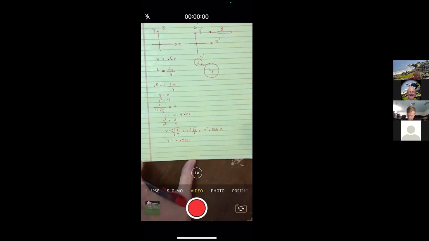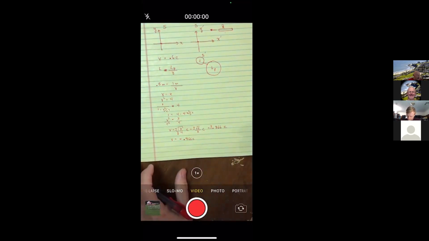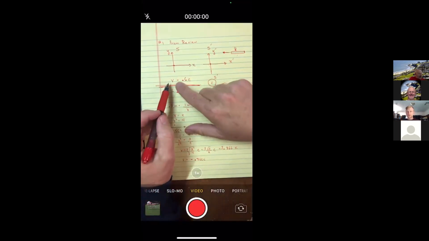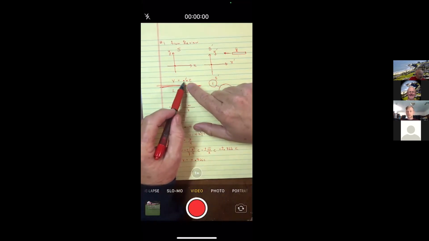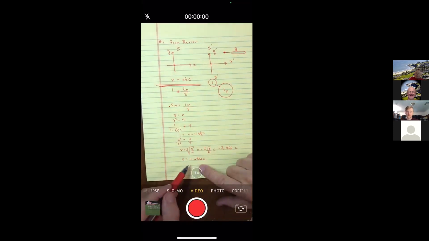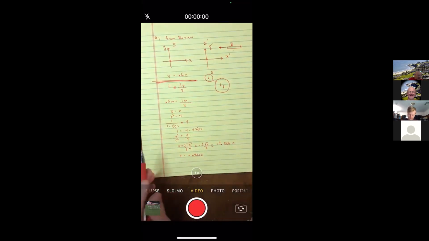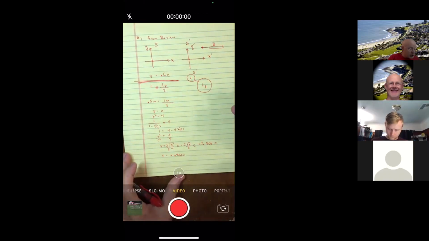0.866c. Now, I just realized, and I hope my notation wasn't too confusing, because earlier I put a V, and now I'm using V for something a little different here. So my apologies if that confused you.